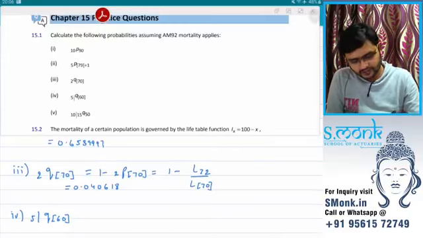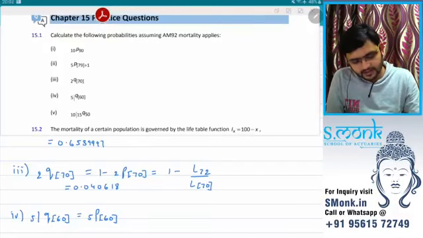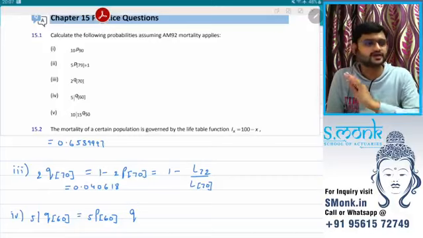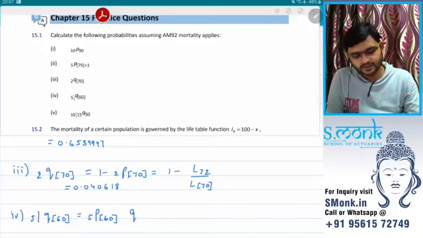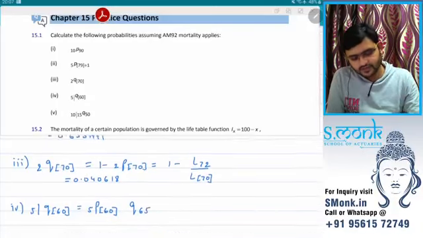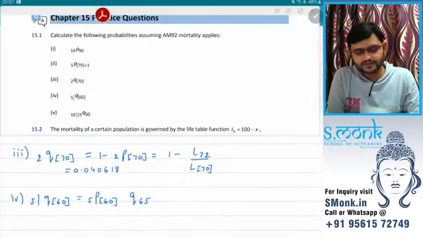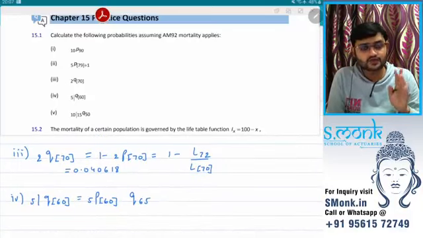So here I will have 5p, age select 60, and then the person is now age 65. At age 65, there is no select period. So q65 is just, now I can use D here.